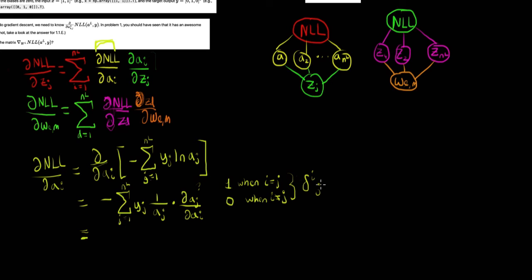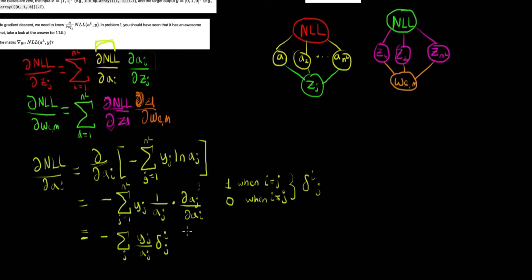This is how it's defined. It is 1 when i equals j, and 0 when i is not equal to j. So we can write negative sum over j, yj over aj times delta ij.